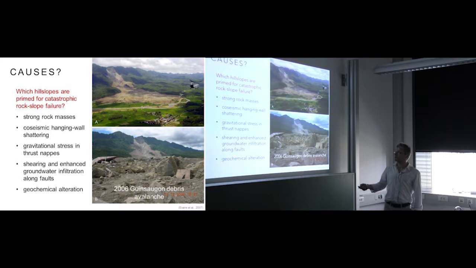But what we didn't really know was that geochemical alteration might play a major role in suddenly triggering these major rock avalanches or debris avalanches, here also during rainstorms, which makes the use as paleoseismological proxies limited. We know some major rock avalanches can also be triggered by rain, which is a bit of a worry.